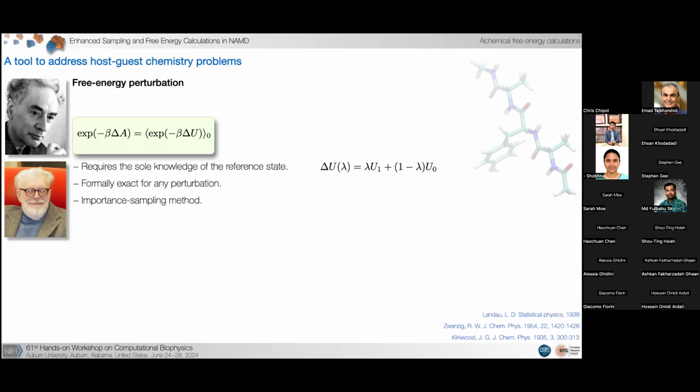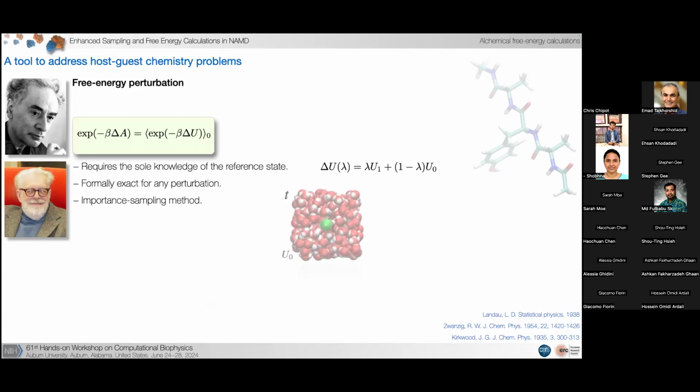I want to draw your attention to the vocabulary: importance sampling, enhanced sampling. In general, people think about importance sampling when you sample important regions, when you focus your sampling on important regions, and enhanced sampling when you try to achieve ergodicity, meaning that you are going to visit everything, the entire configurational space. We're going to talk about that.